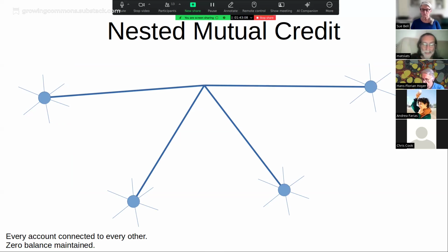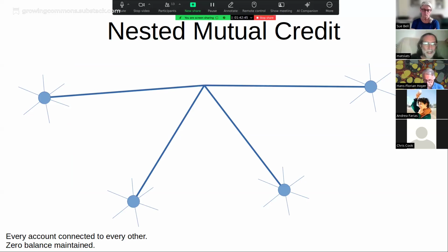I didn't label these ledgers, but if we pay from the first spoke on the first node to the first spoke on the second node, the first thick line that you see would represent an account with the balance of trade of the first node against the rest of the world.